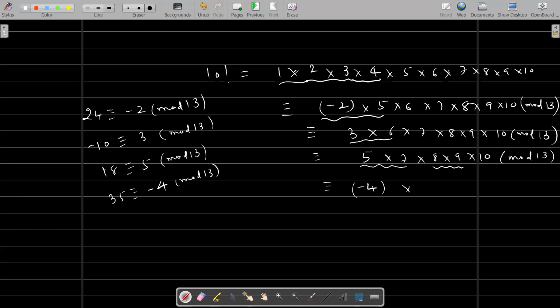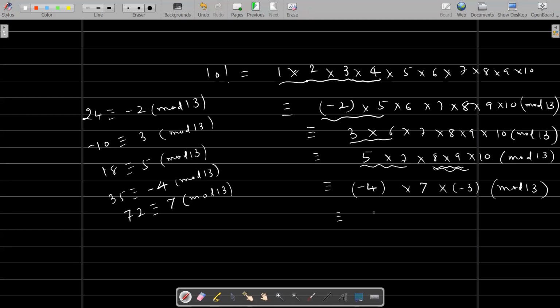Again, I can take simultaneously. This is 8 nines are 72, and 72 is 7. Is it 7? 7 mod 13. And 10, I can say, is minus 3 mod 13. So I have taken modulo 13 simultaneously for all numbers. Now minus 4 into minus 3 is plus 12.